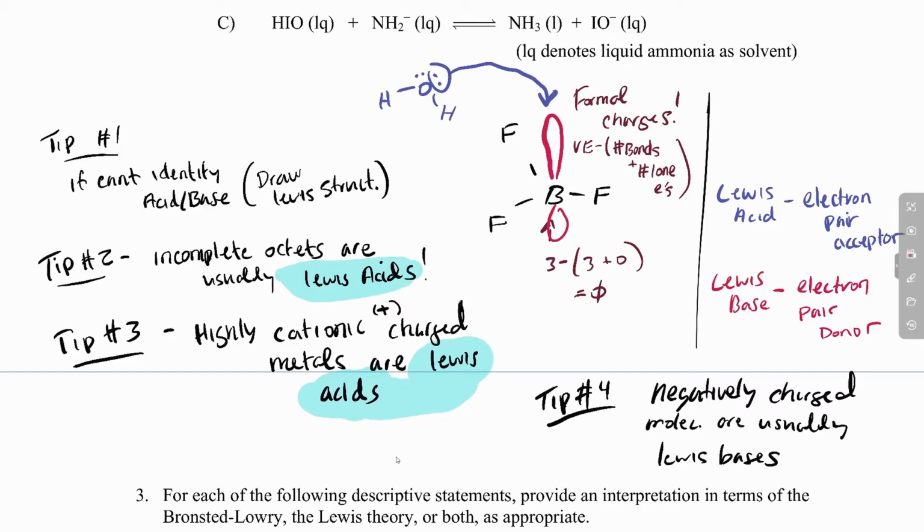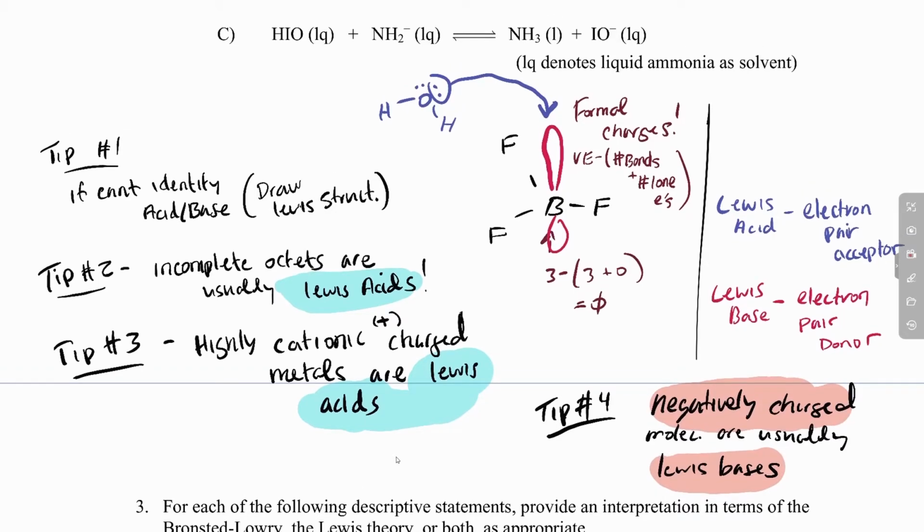Okay? Remember, if you're negatively charged, that typically means that you have more electrons than you would normally, right? That's what it means to be an anion, to be negatively charged. And because you have more electrons than you normally do, you can donate those more readily because you want to alleviate that negative charge. Okay, we'll see examples of all of these in the upcoming problem.